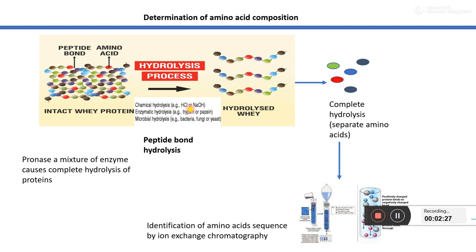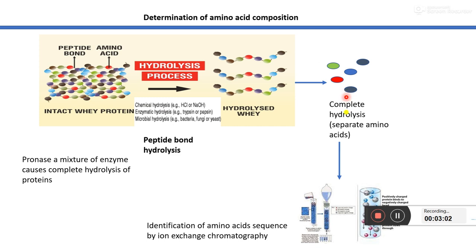Treatment with enzyme, however, results in smaller peptides rather than separate amino acids. But one enzyme, pronase, which is a mixture of non-specific proteolytic enzymes, causes complete hydrolysis of protein into its amino acids. So in this stage, whole proteins or polypeptides are hydrolyzed in the presence of acids or alkali, which leads to complete degradation into separate amino acids.